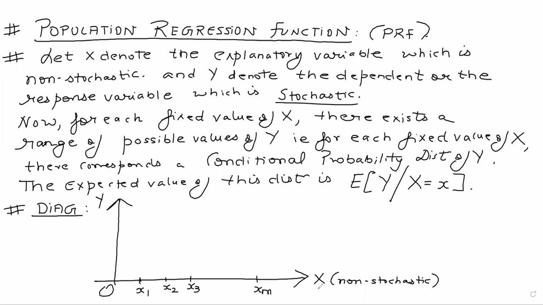Think of X as income, for example. Think of Y as consumption. Now guys, now comes the main line. For every value of X, you have a lot of values of Y. For every value of X, Y itself is a random variable. Similarly, for values of x2, different values of Y. For values of x3, different values of Y. For values of xm, different values of Y.